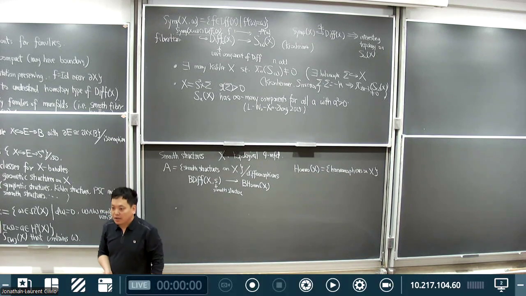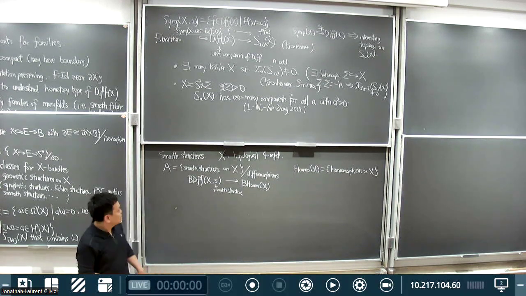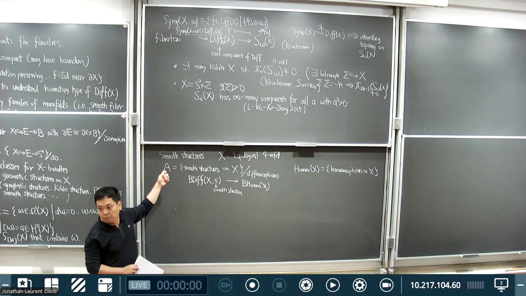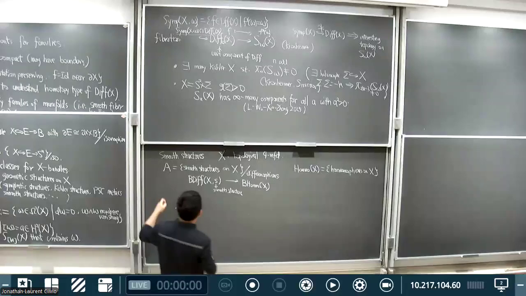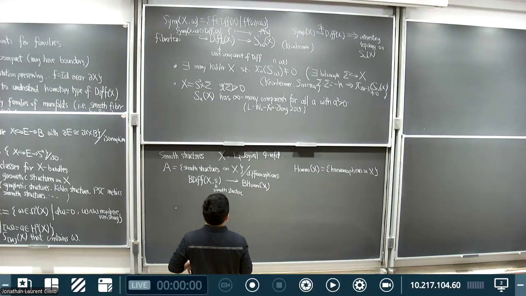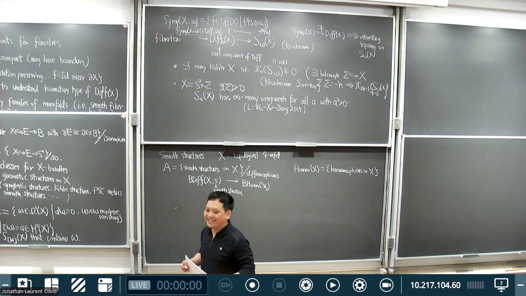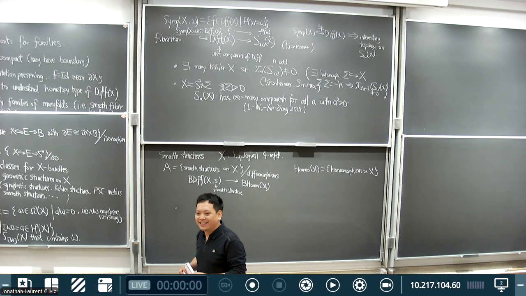You said A is this set of smooth structures modulo diffeomorphisms. What do you mean by modulo? What diffeomorphisms are you quotienting by? Any diffeomorphism, orientation preserving diffeomorphisms. So it's between different smooth structures.